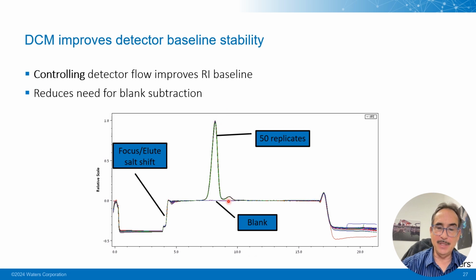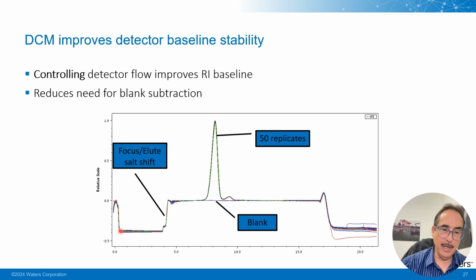Here we get, again, tightly bunched 50 replicates with good overlay, and then overlaid here is a blank, and you can see the blank has very little deviation from the sample runs. And we typically always run a blank run and subtract it to do a blank subtraction, but when you have very good detector regulation, the need for the blank subtraction is reduced. I mean, we still do it, but it makes much less of a correction.